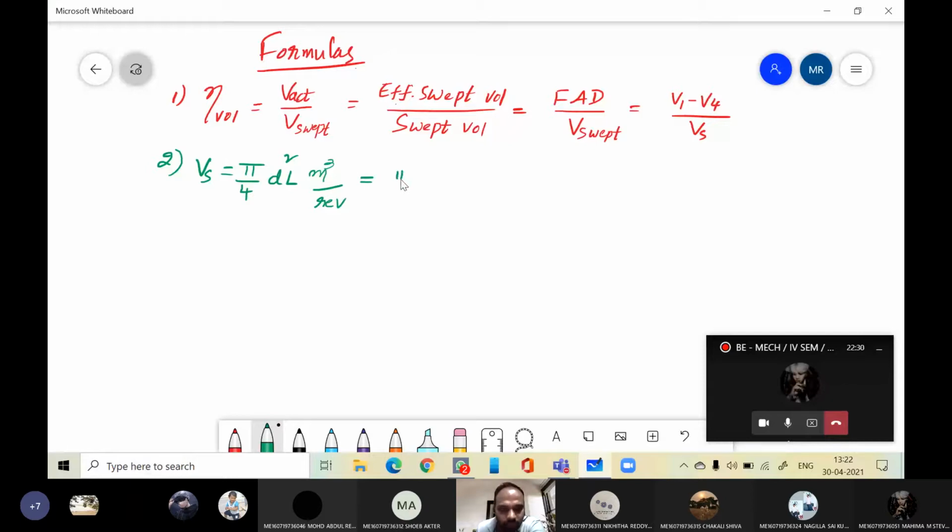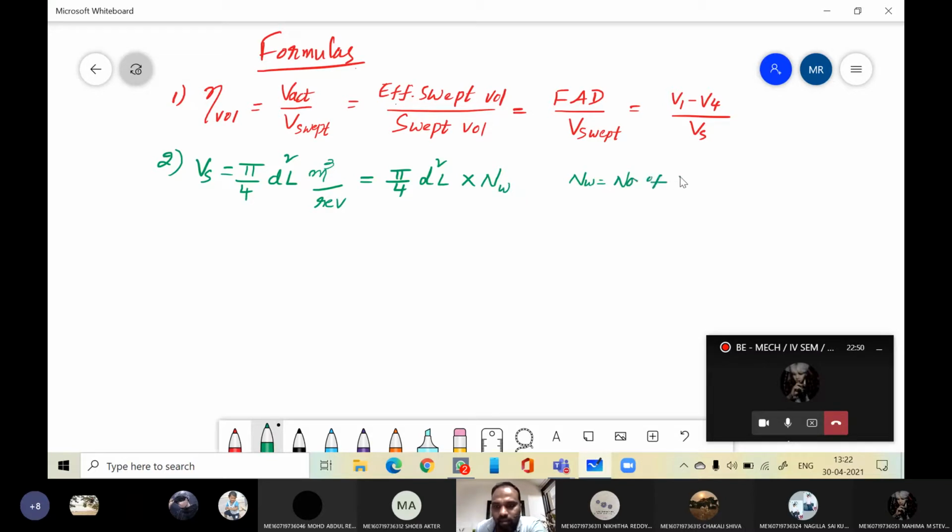Suppose if you want swept volume in terms of meter cube per minute, what you need to do? You need to eliminate the revolution. You need to multiply with NW, where NW is equals to number of working strokes per minute.